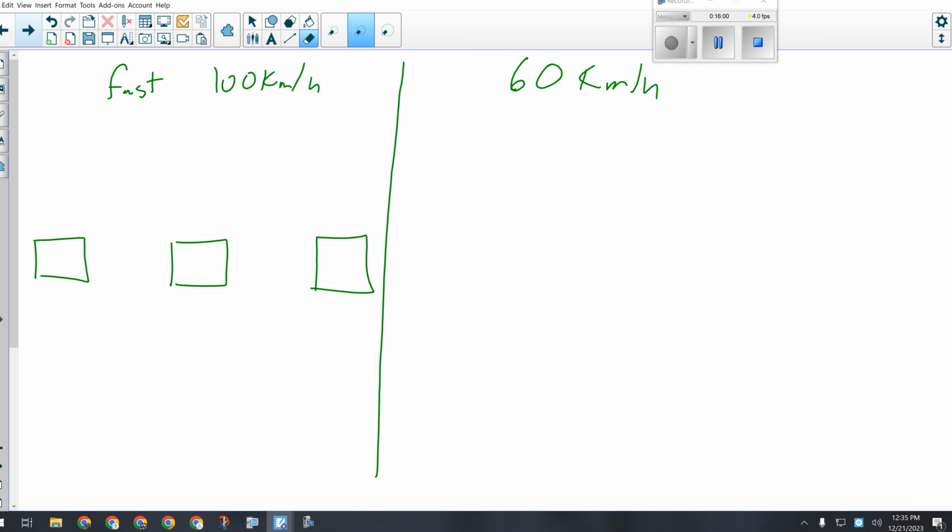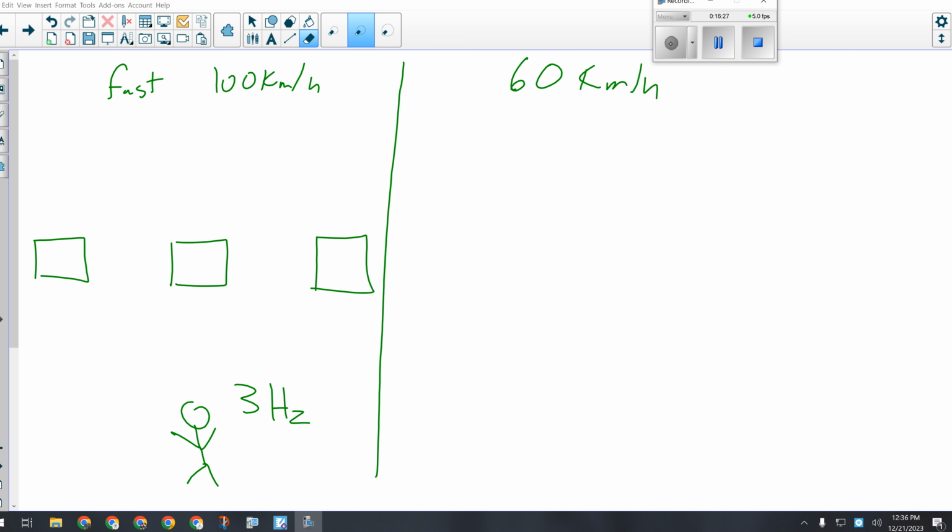They've all got good following distance because, as we know, as we go faster, our following distance needs to increase. If I'm standing here watching these cars go by, 3 cars will go by me every second. And so the frequency of cars going by me would be 3 hertz.